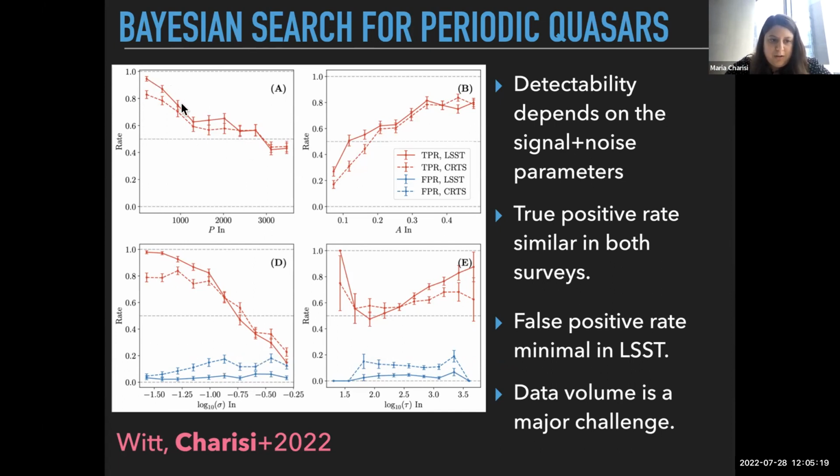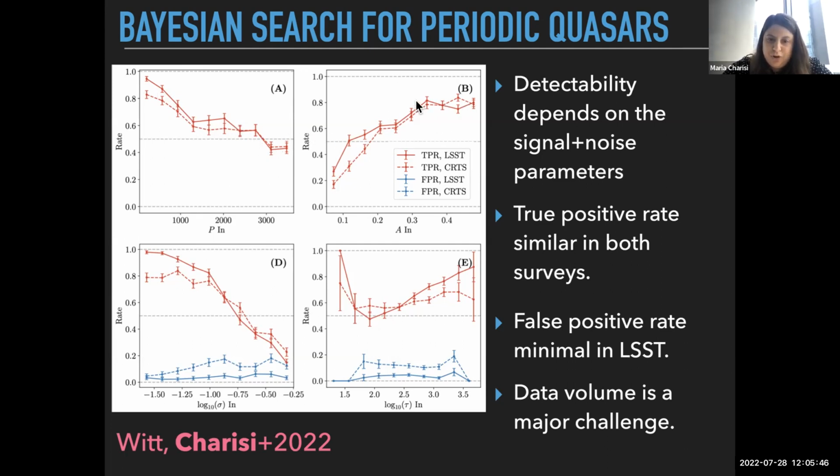So here with red is the detection rate of truly periodic signals as a function of the input parameters, both of the periodic signal and of the damped random walk noise. And you can see that both are important. So for example, when we have short period binaries, it's relatively easy to find them. When we have long period binaries, it becomes much harder.